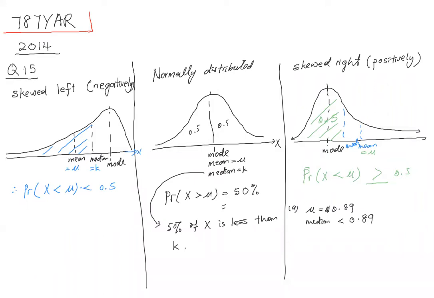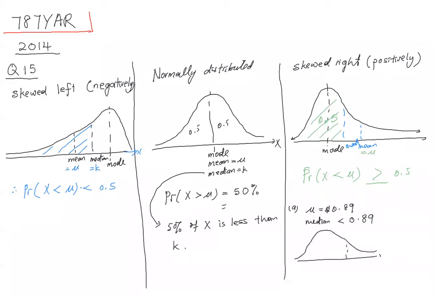Can you read the first one? Less than half of all smartphone apps cost 0.89 or more. So you choose the true one, because this is skewed right.